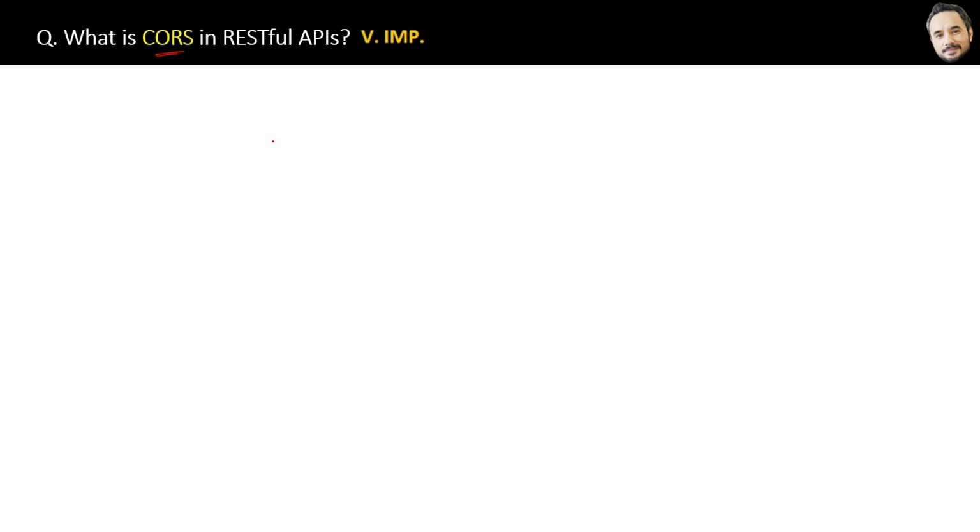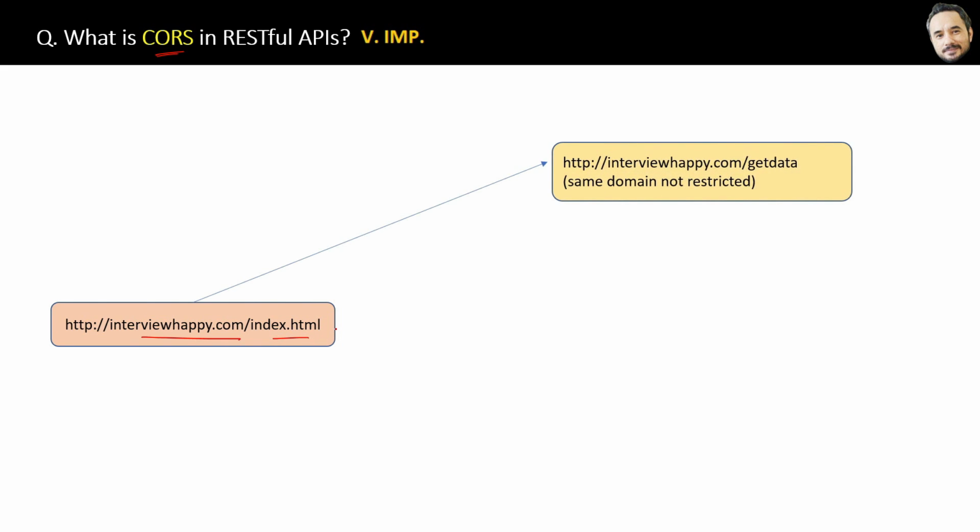And as per this security feature, suppose you are a user and you open this website interviewhappy.com. Now, from inside this website, you want to access the different pages or components of this same website like this. In this case, you will receive the data smoothly and without any problems. Okay.